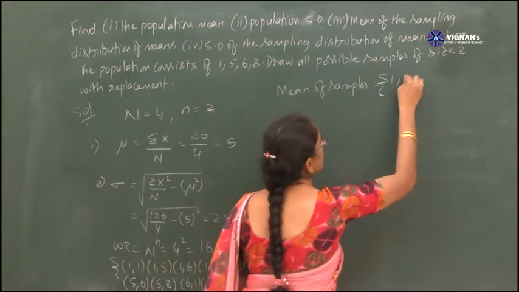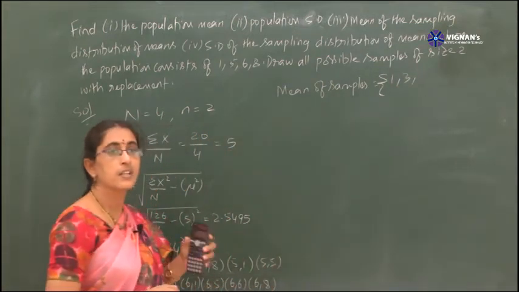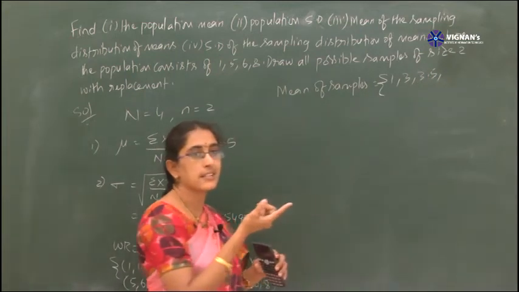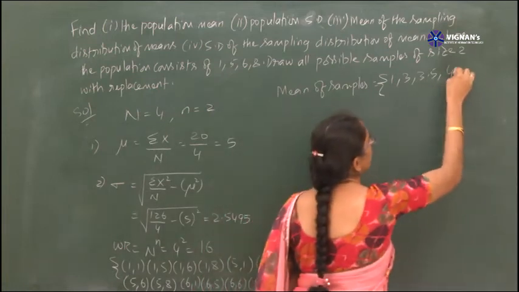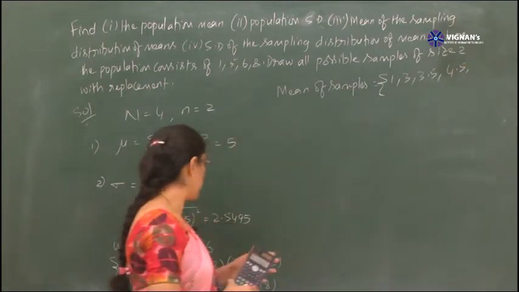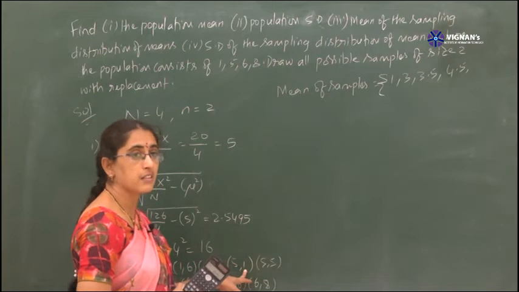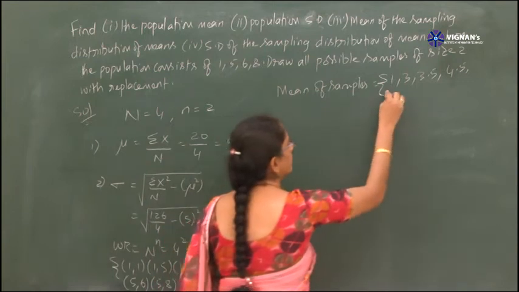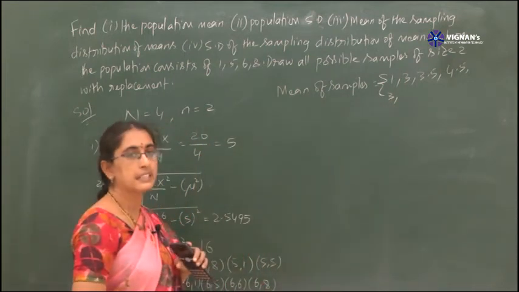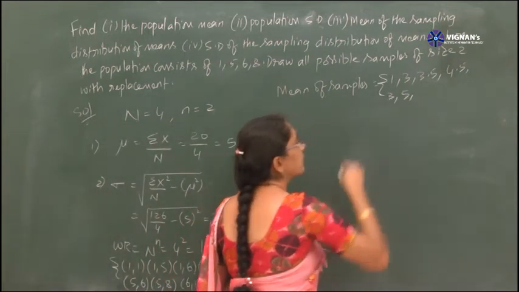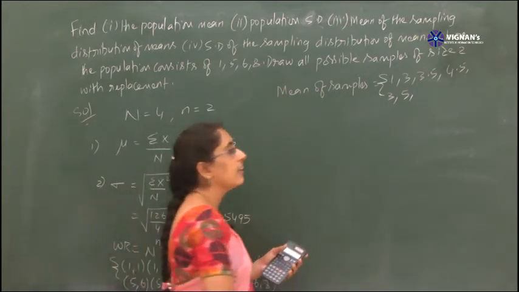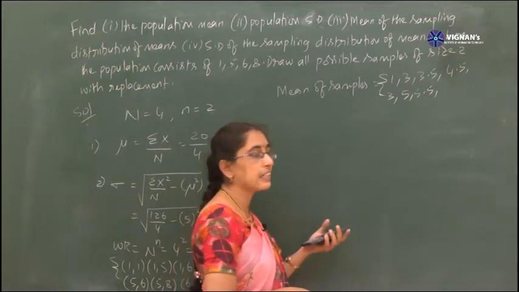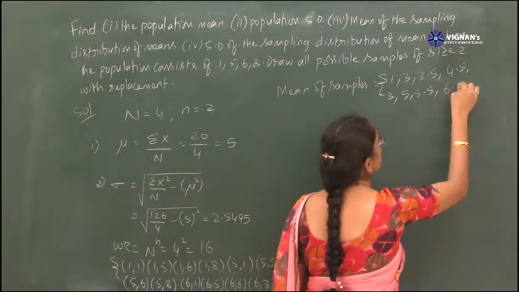Then 1 plus 6, 7, 7 by 2 is 3.5. 1 plus 8 is 9, 9 by 2 is 4.5. Then next is 5,1: 5 plus 1 is 6, 6 by 2 is 3. Then 5 plus 5, 10, 10 by 2 is 5. Then 5 plus 6, 11, 11 by 2 is 5.5. Then 5 plus 8, 13, 13 by 2 is 6.5.